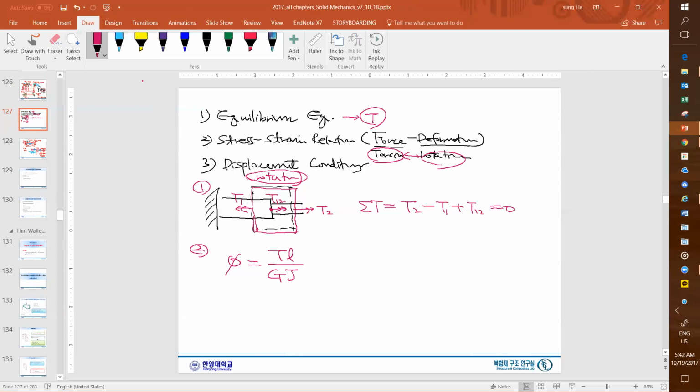Let's say we pick one shaft, the first shaft, and on the right-hand side we have T1, and on the left-hand side, of course, we have T1. And here we have an angle of rotation. We can call it phi1, and here phi2.